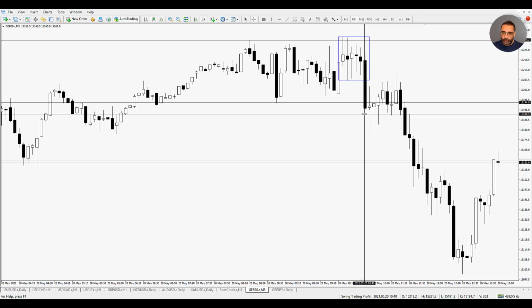Now, if you were to go with the same lot sizes of the low volatility, let's suppose your 10 pounds a point is your normal lot size for a 30 stop loss. Let's suppose that's your 1%, right?